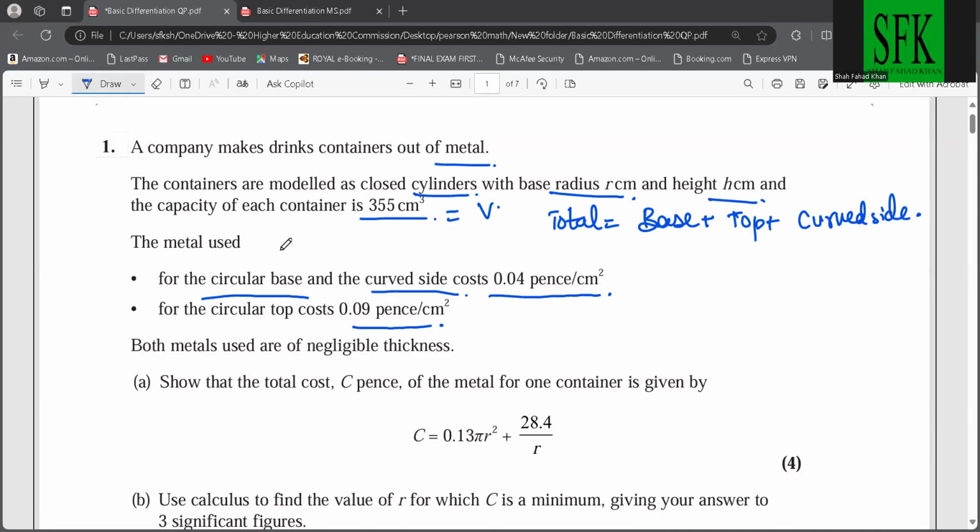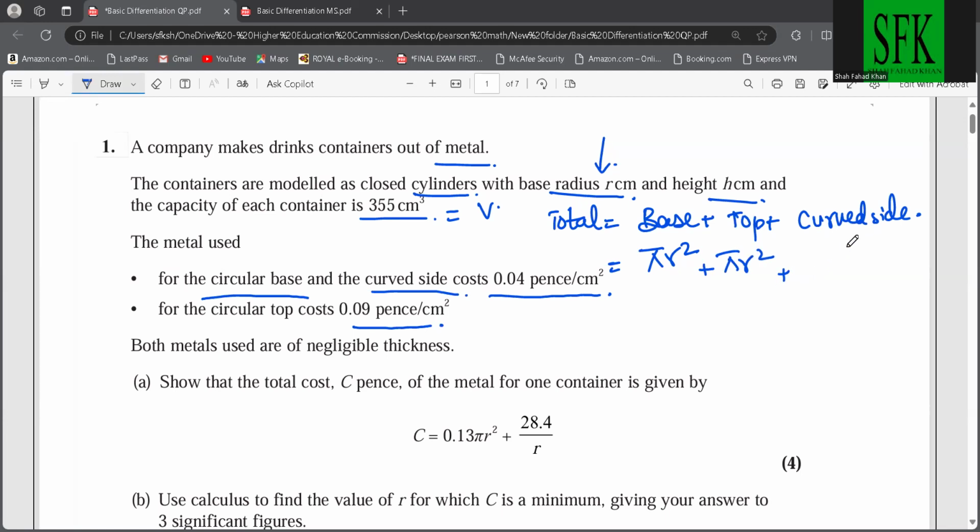The base has a radius of r, and because it's a cylinder it has to be circular, so the area is pi r squared. What about the top? The top is also circular, and because it's a cylinder, the top and base have the same radius, so it's also pi r squared.